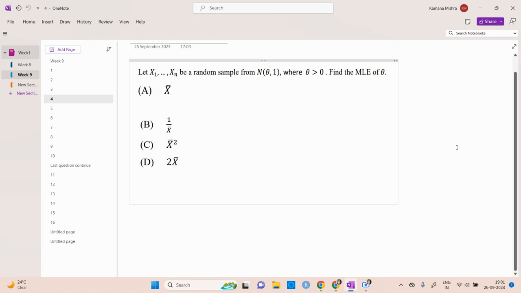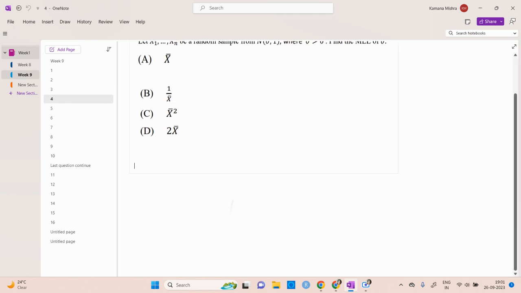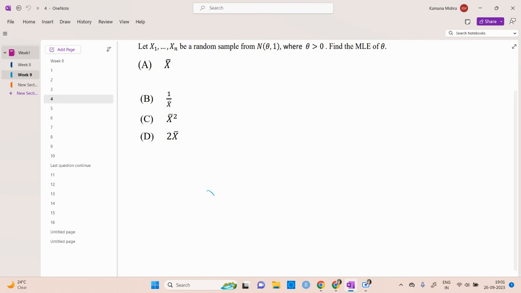Then we do the multiplication of it, and then we find the maximum likelihood estimate. The first thing given here is that x1, x2 up to xn follow a normal distribution with parameter theta.